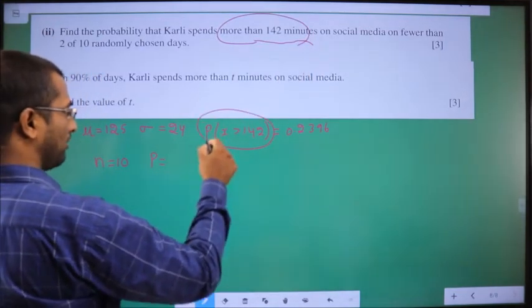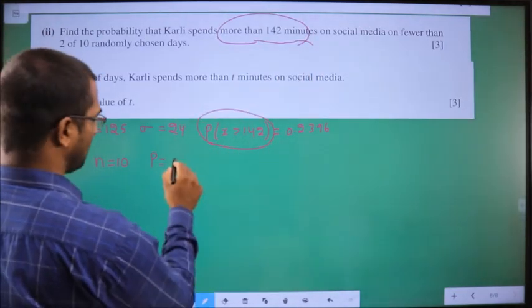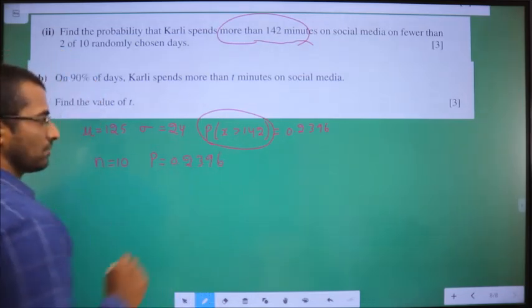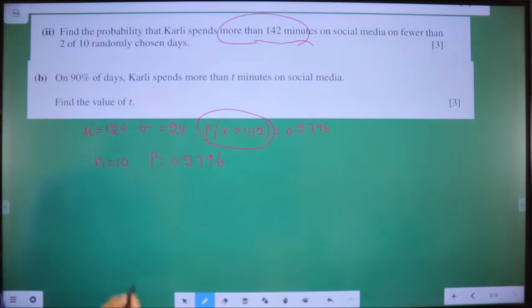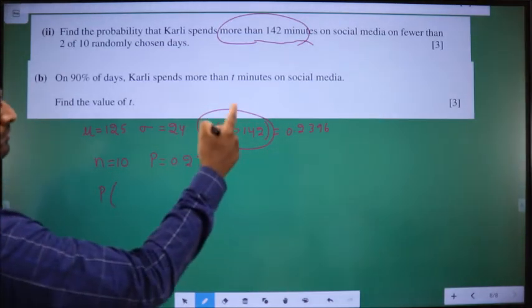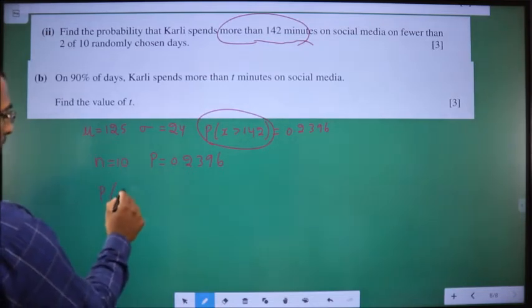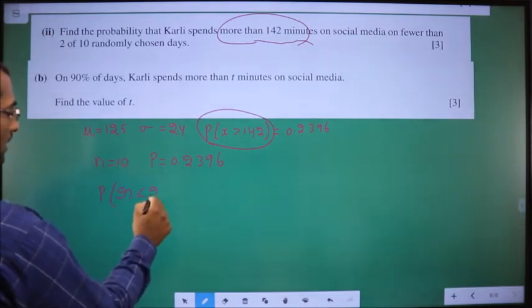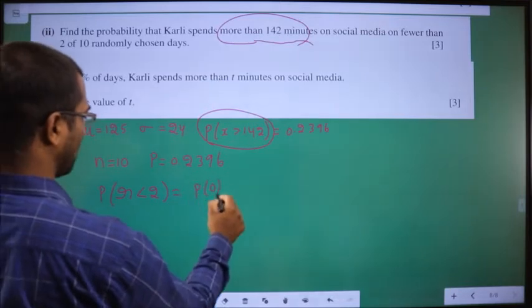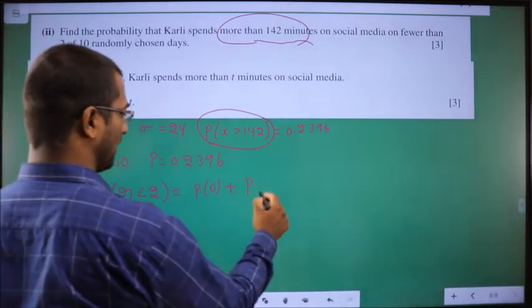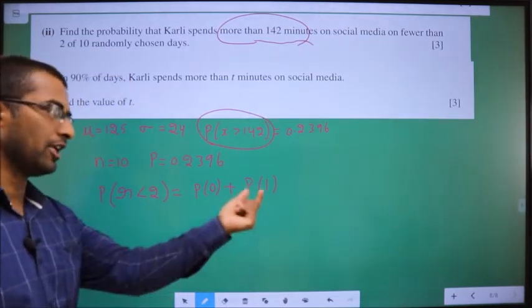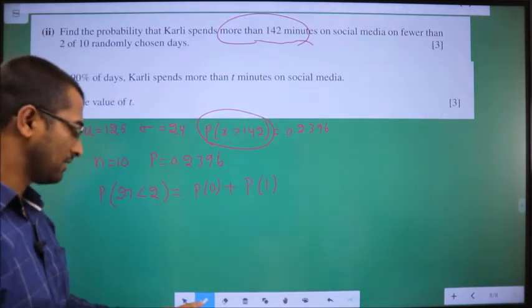That probability we found in the first bit, which is 0.2396. Okay. And which probability do I need to find? Fewer than 2. That means R is less than 2. Less than 2 means it could be either 0 or 1. Write binomial for each and add.